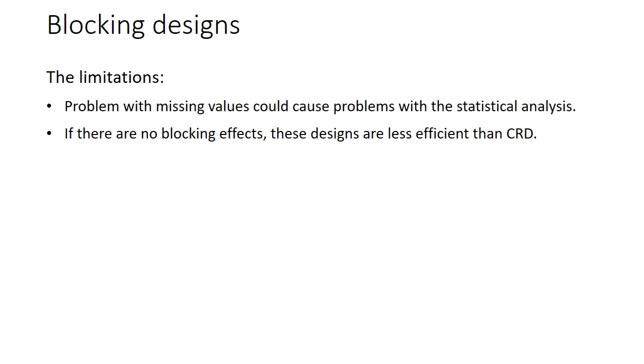Blocking designs reduce the residual degrees of freedom by partitioning these into block degrees of freedom and error degrees of freedom. Remember that the error mean squares is the estimate of experimental error, and it is calculated as the error sum of squares divided by the error degrees of freedom. So, smaller degrees of freedom could cause a larger estimate of experimental error.